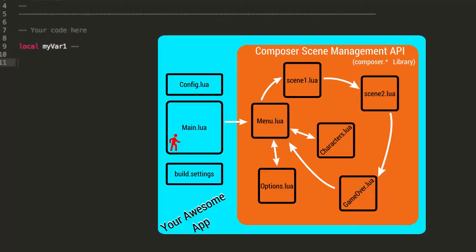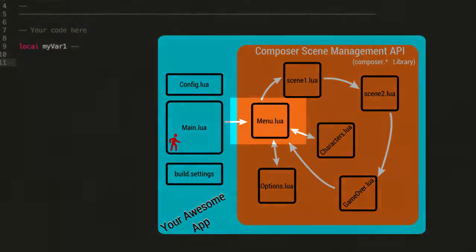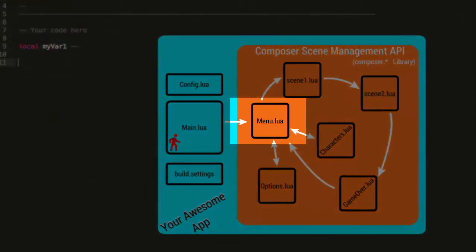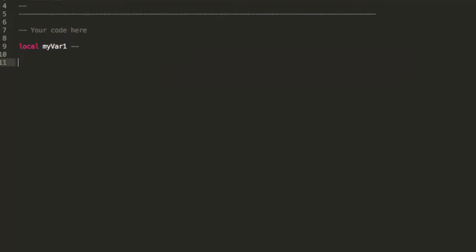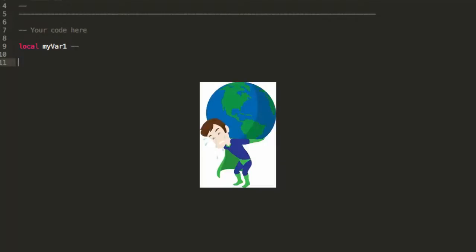Similarly, if you define a local variable in one of your scene files, such as menu.lua in this particular instance, then those local variables are only going to be accessed and they'll only live while that menu.lua file is loaded within the Lua interpreter. Now, in contrast, global variables live as long as the entire application is running.